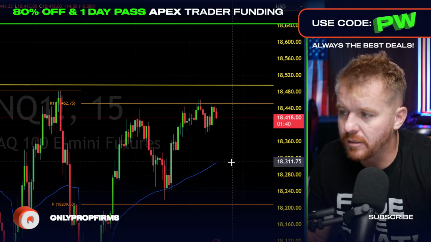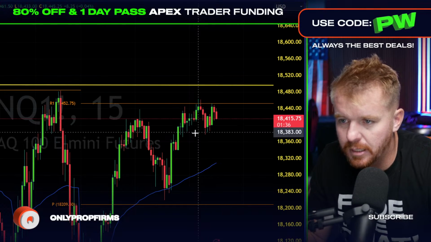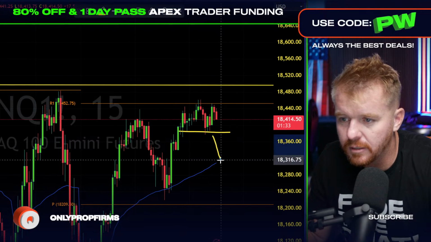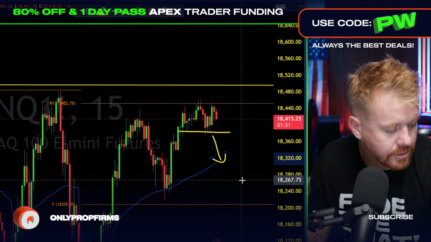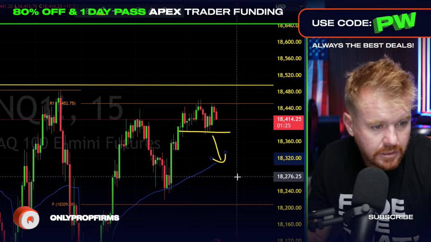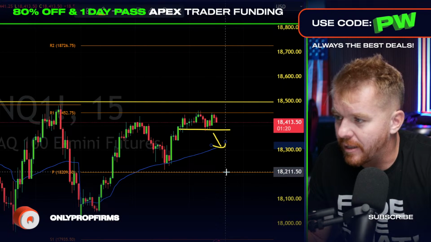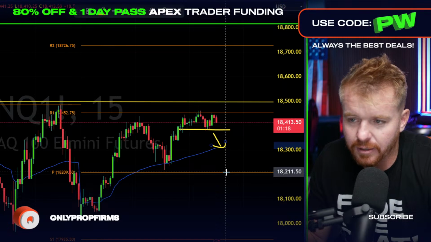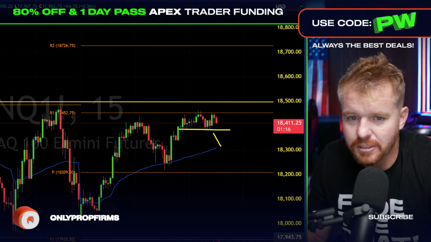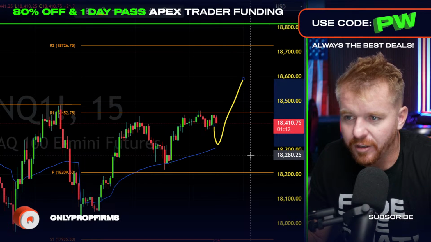Definitely, if we can't hold here, we move down to there pretty quickly. The VWAP sitting down there is just too convenient. Maybe we get a drop right to the VWAP and then the push back up for the breakout later on.